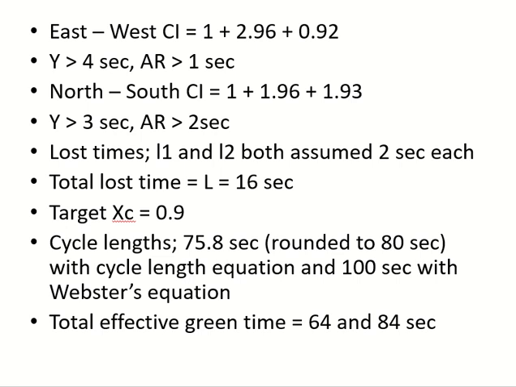Each phase can have a lost time between 3 to 4 seconds. Each lost time has 2 parts: startup lost time and clearance lost time. They are taking each part as 2 seconds, so 2 seconds for this one, 2 seconds for this one, total is 4.